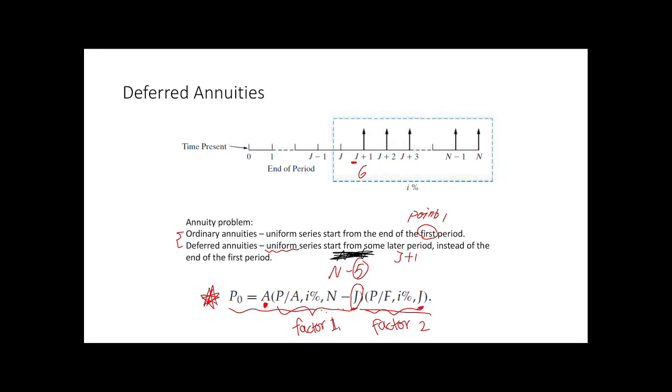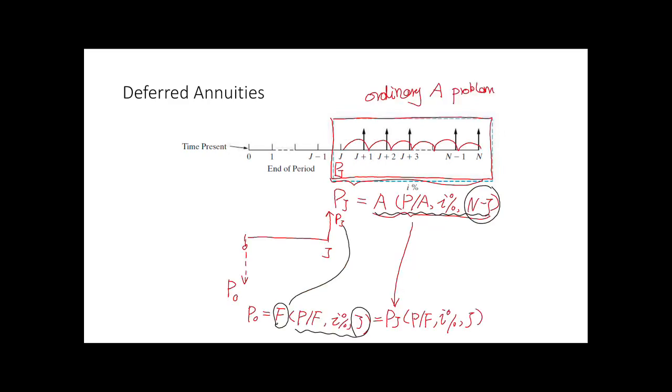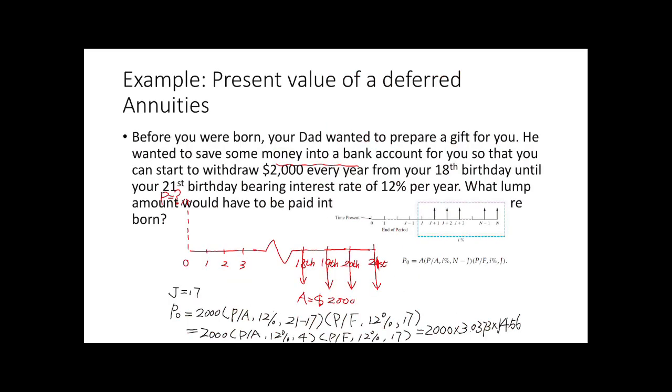The N is the total number of periods, but the J is something you have to determine based on when you have the first annuity cash flow. And try to work out this example. It's going to be a similar problem with a different story, but the method is exactly the same, okay?